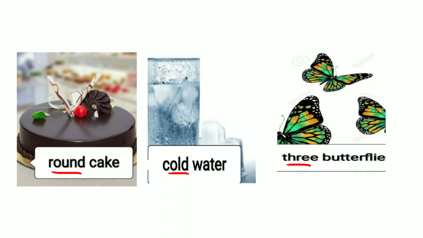Here butterflies are the naming words, but how many are there? Three. So three is the describing word. We can even use numbers to describe the naming word. Okay children, round cake, round is the describing word. Cold water, cold is the describing word. Three butterflies, three is the describing word.